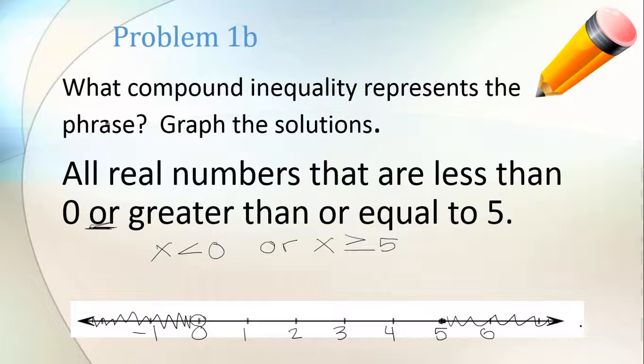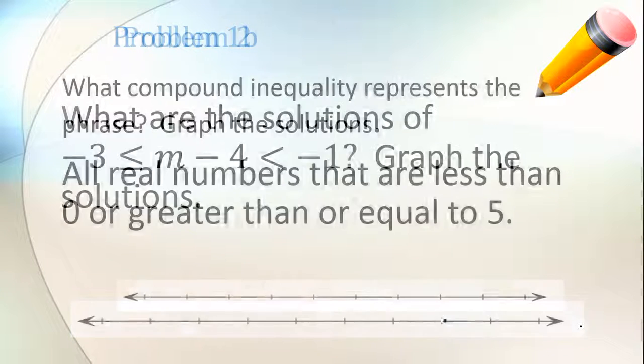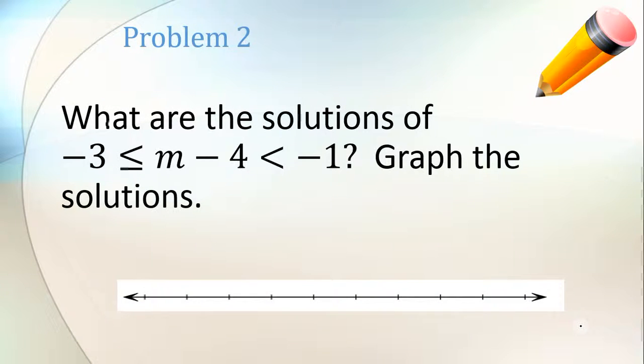So let's take a look. One of the big things that we're going to want to look at today is how to actually solve these inequalities. So if you notice, I have an "and" inequality here. So I need to get M all the way alone in the middle. So normally, if this wouldn't have been here, we would have just added 4, right?